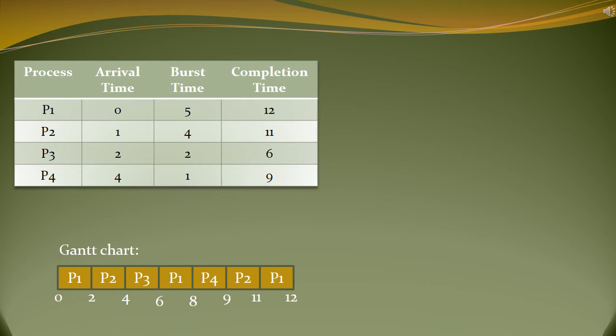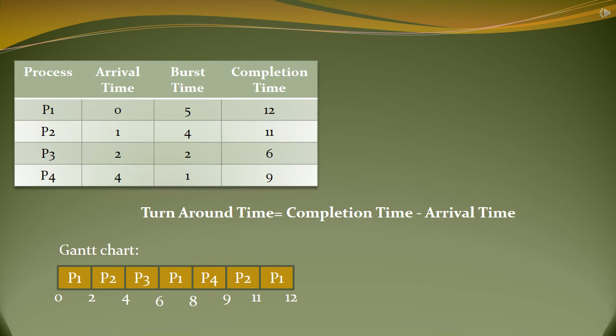So the completion time of process P2 is 11. For the process P3, it is totally completed at the time 6. So the completion time of the process P3 is 6. And for P4, it is totally completed at the time 9. So the completion time of the process P4 is 9.